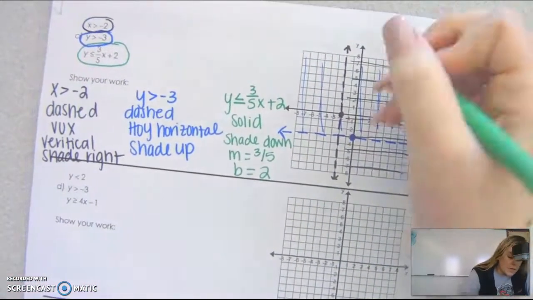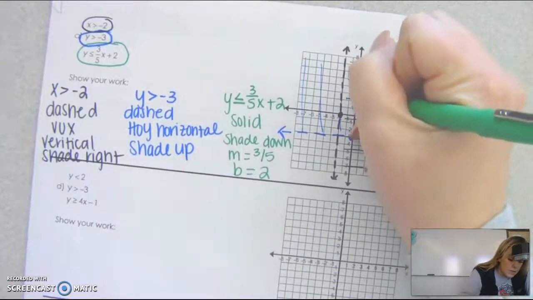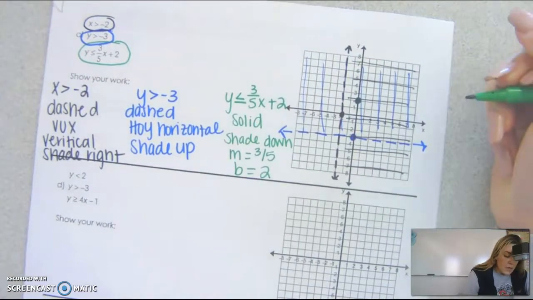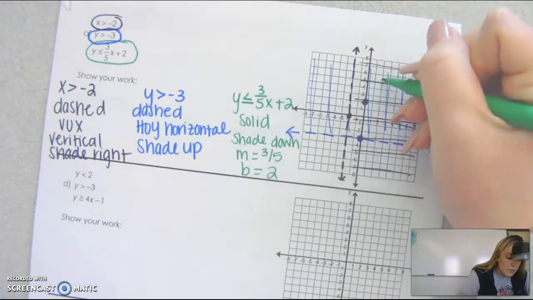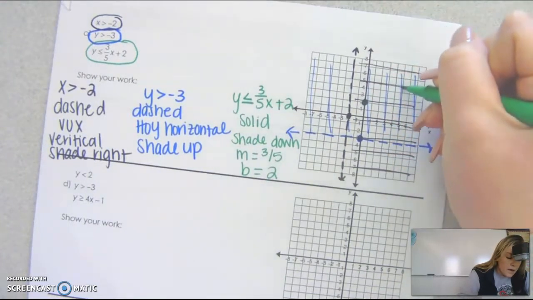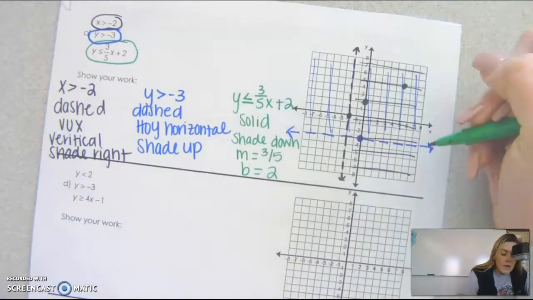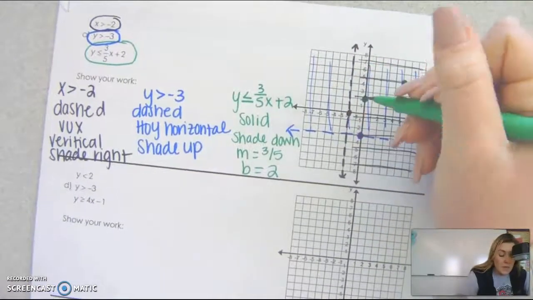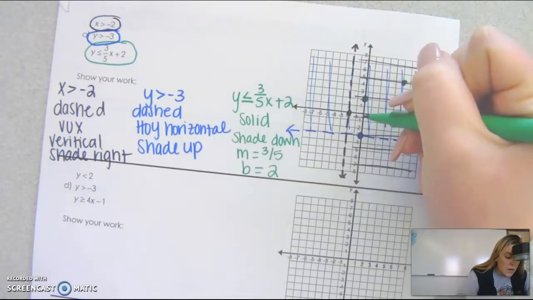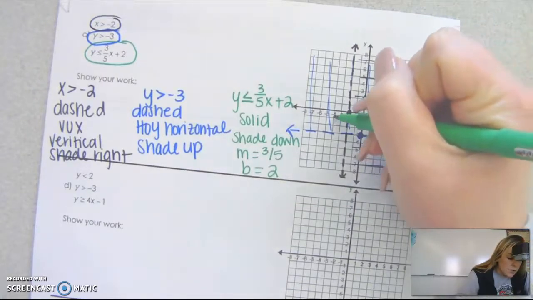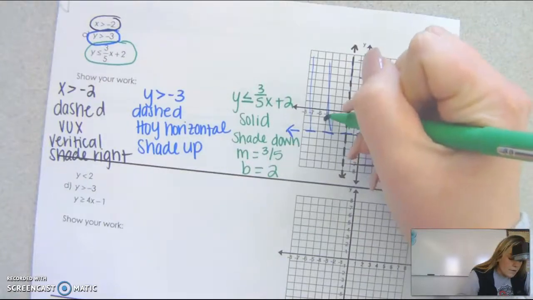So when I go to graph this line, I put a point at +2. And then from there, I'm going up 1, 2, 3, right 1, 2, 3, 4, 5, and putting a point. And one more time the other way. So I'm going to go down 1, 2, 3, left 1, 2, 3, 4, 5, and putting a point.